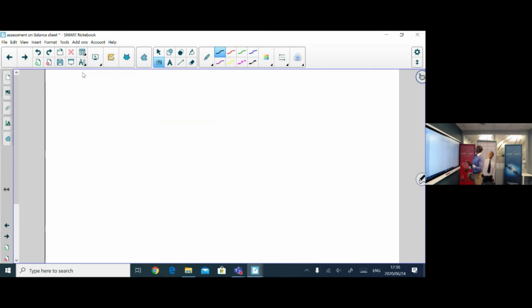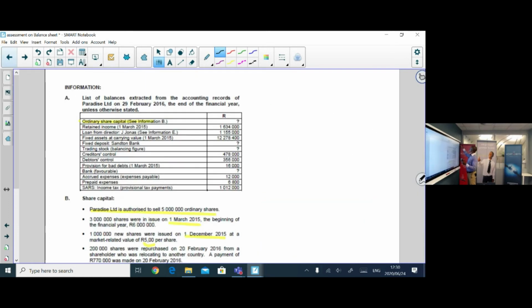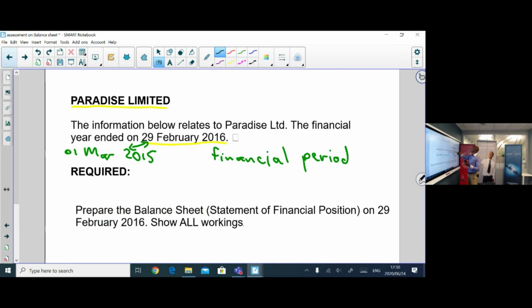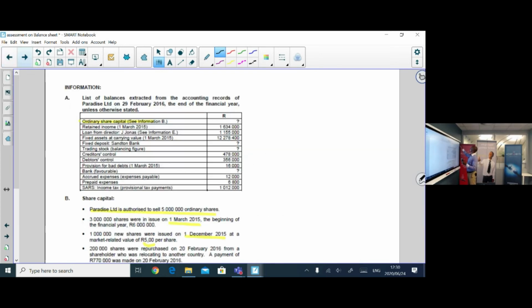Let's just go straight to the balance sheet. Remember, when you do your balance sheet, firstly, don't forget to write the name of the company. The name of the company is Paradise Limited. So this is what I'm going to write.